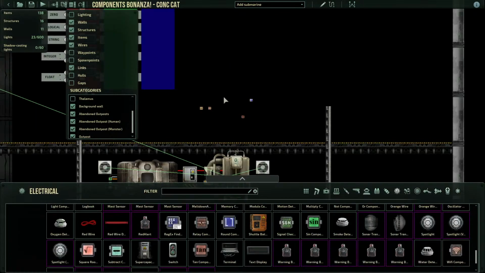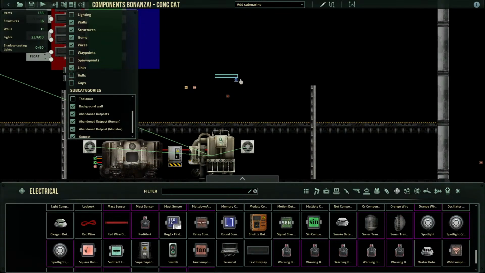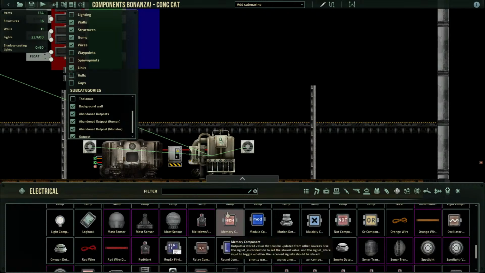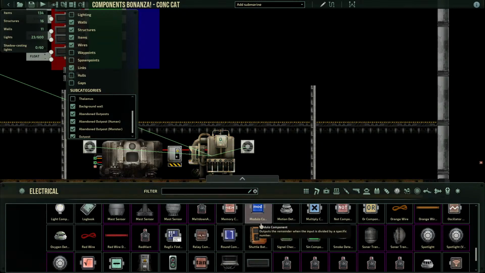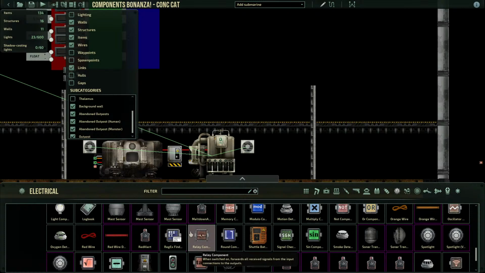So, if you have a button and you want to be able to turn things on and off, let's see if we've got this set up. Oh, the toggle.